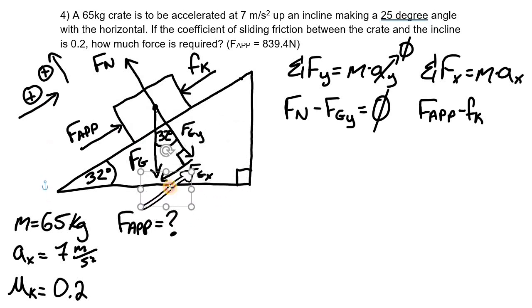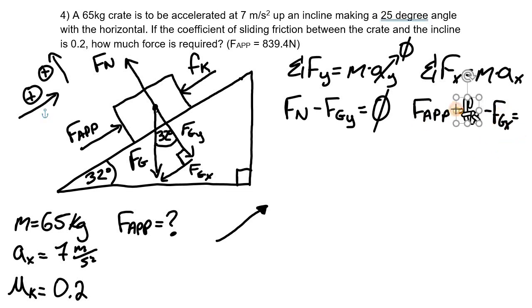And look at that. We have a third one, which is our FGX. And that's equal to our mass times acceleration. Is our object accelerating? Yes. So therefore, I know that I didn't create enough room for myself over here, but this is going to be equal to mass times acceleration. Okay, and that's the setup for this problem.